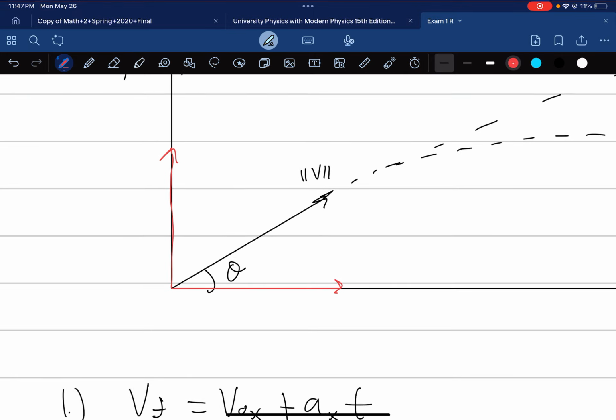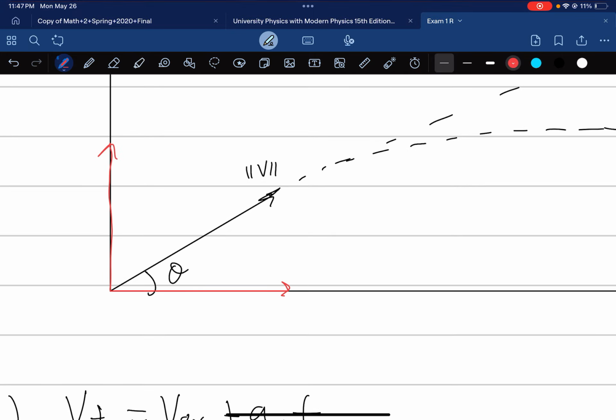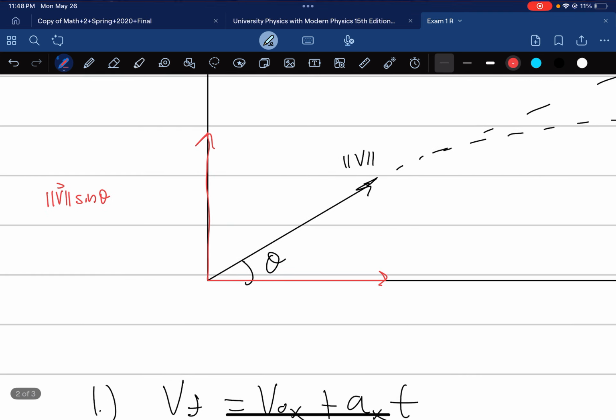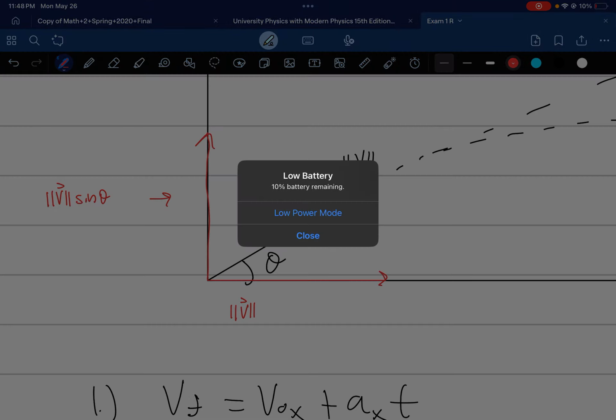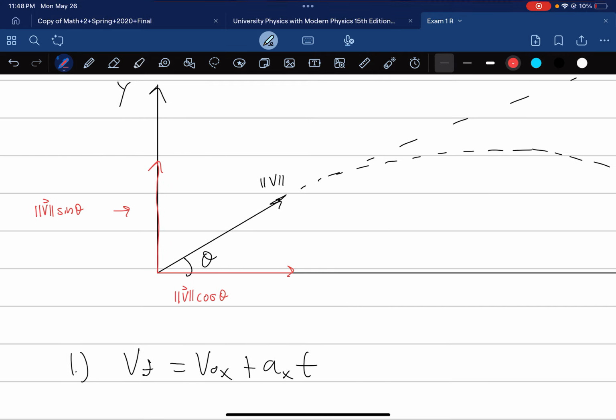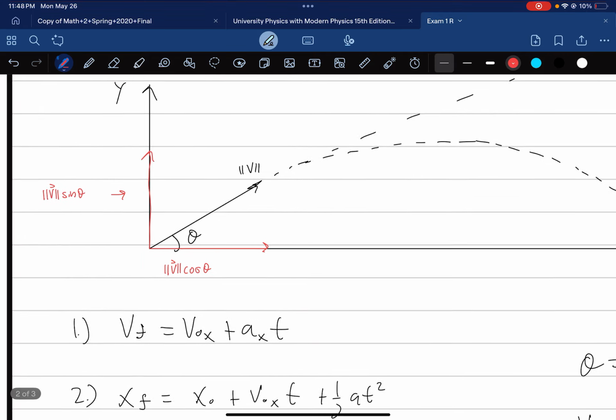So the y component is just the magnitude of the velocity vector, sine theta, and the x component of the velocity vector is just the magnitude cosine theta.